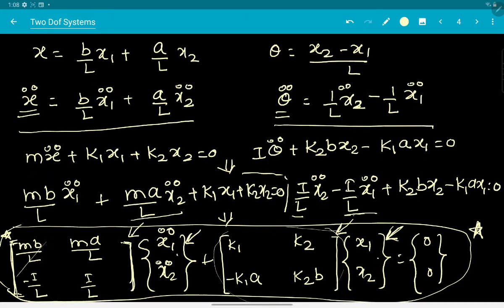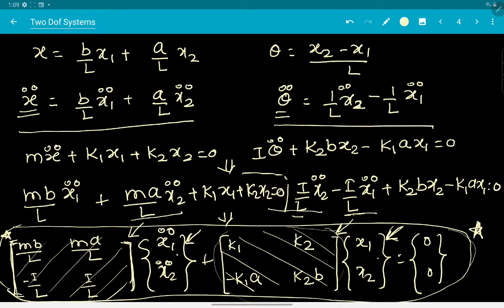So you have obtained the stiffness matrix and the mass matrix for the system. These are nothing but two equations, which we have arranged in this matrix form. This matrix form is no different from the two equations we obtained earlier; we have just rewritten them.